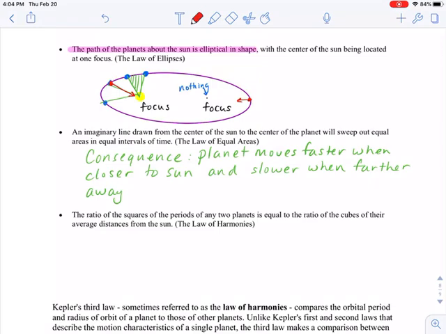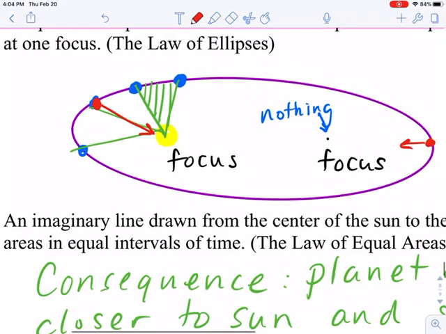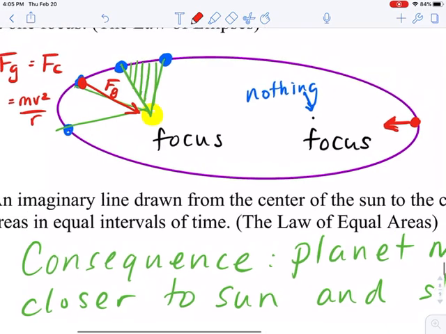And if the force of gravity is bigger, and the force of gravity is the centripetal force in this case, then what happens is that the radius got smaller and the velocity got bigger, and the FG got bigger as well. And on the other end, over here, the FG got smaller because it's farther away, and the speed decreased and the radius increased.